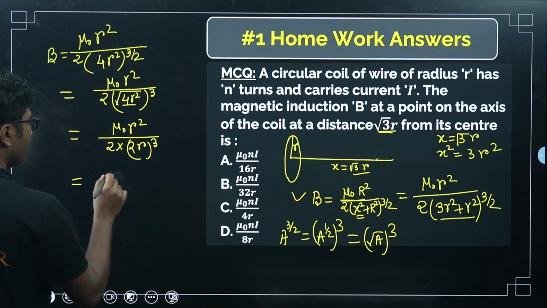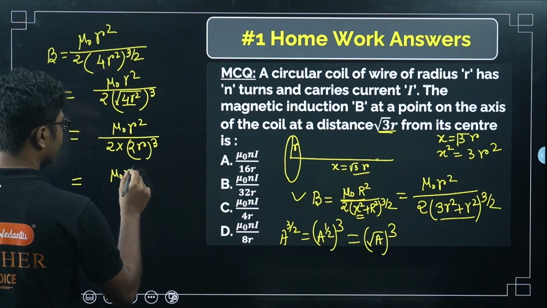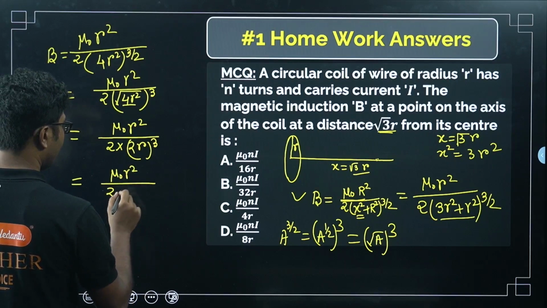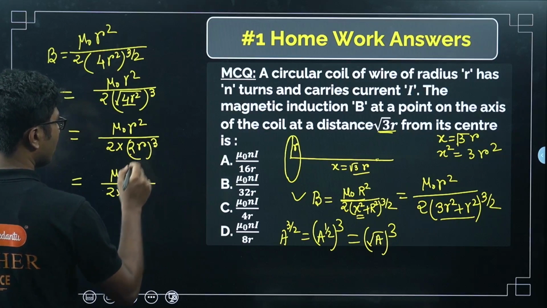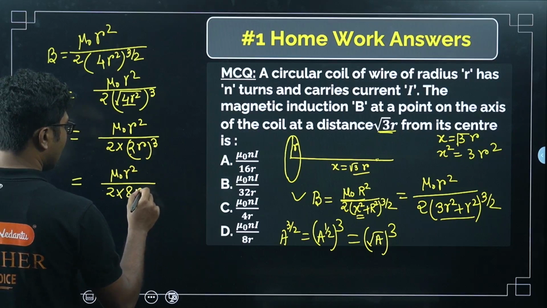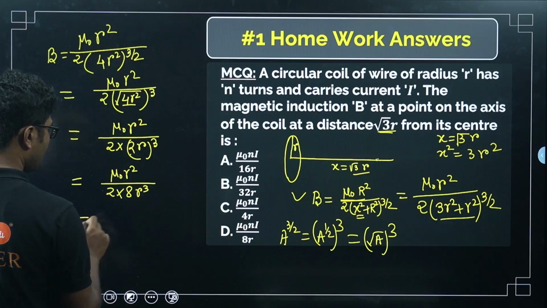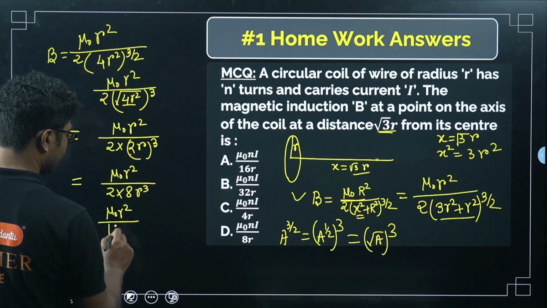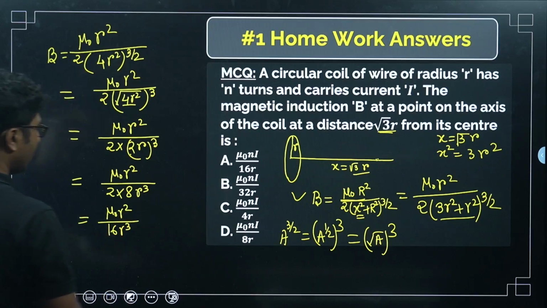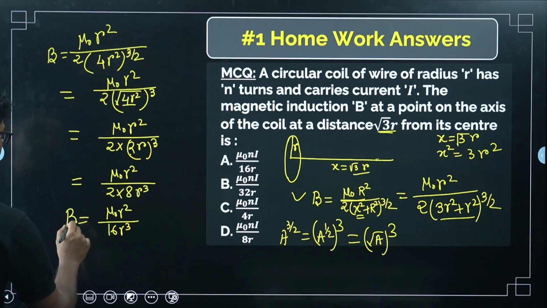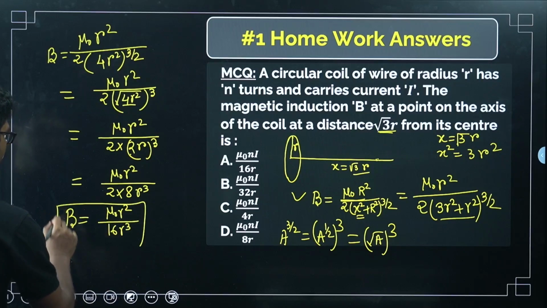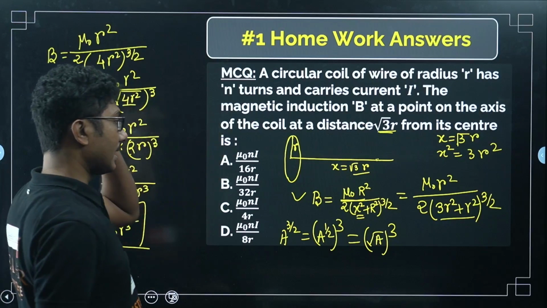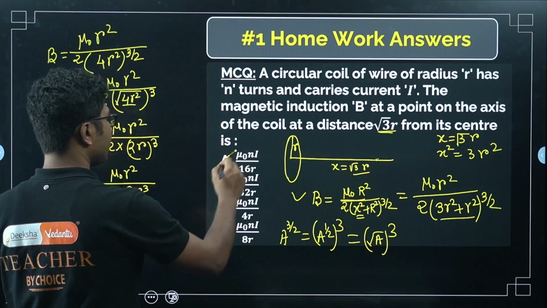So it will be mu naught r square divided by 2 times 2 cube, means 8 r cube. So it will be mu naught r square divided by 16 r cube. So this is the magnetic field due to the coil at the given distance. So the correct option is option A.